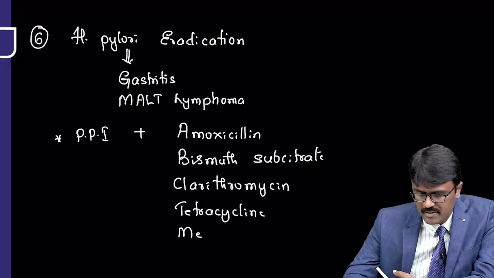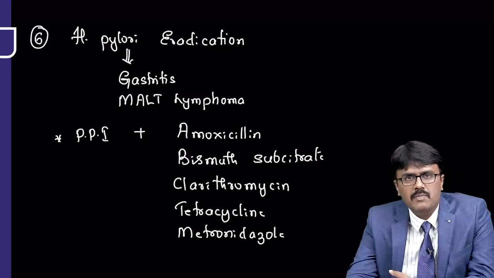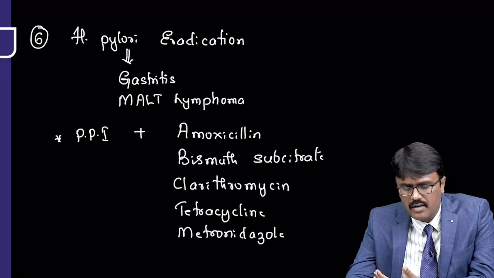One more drug is metronidazole. So along with PPIs, we have other options also: amoxicillin, bismuth, clarithromycin, tetracycline, and metronidazole.